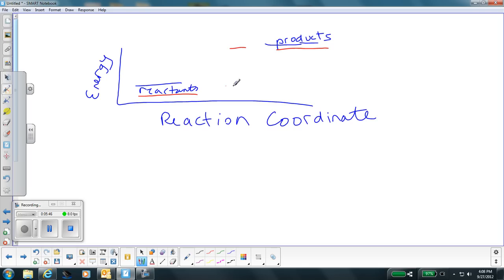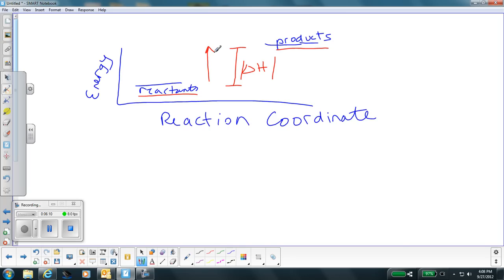The difference in energy between these two areas we would call delta H. It's actually the absolute value of delta H because distance has to be a positive value. So looking at this, we see that we have to add heat to the reactants to get all the way up to here. And if we're adding heat, that would be endo or exo.